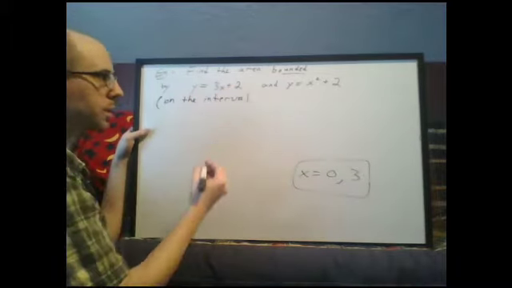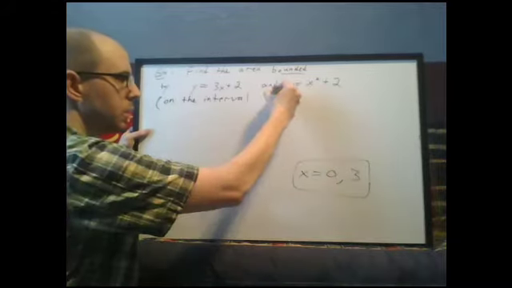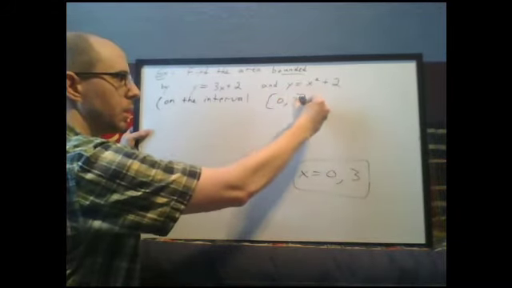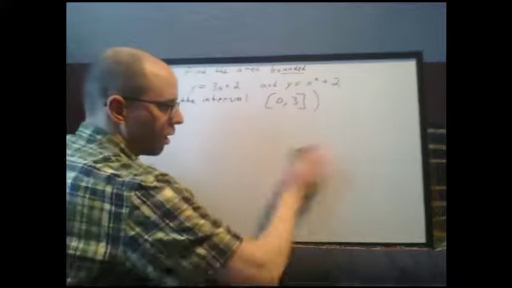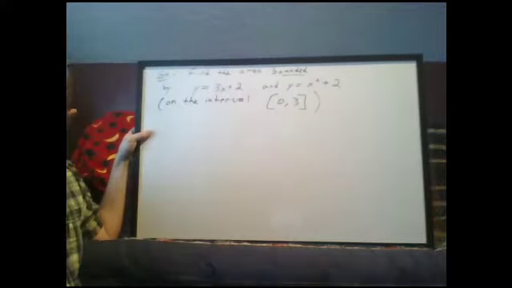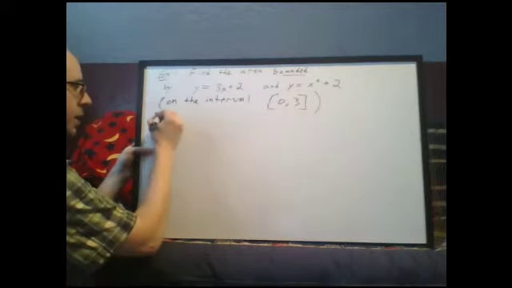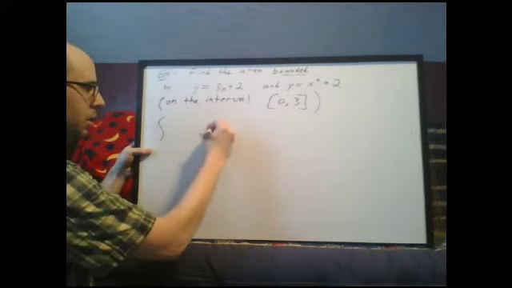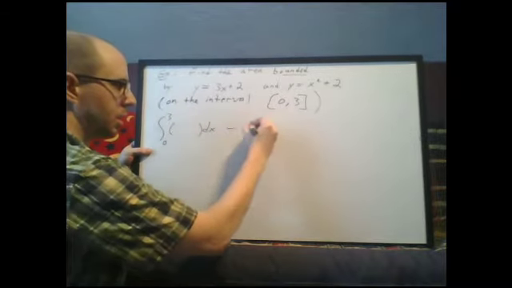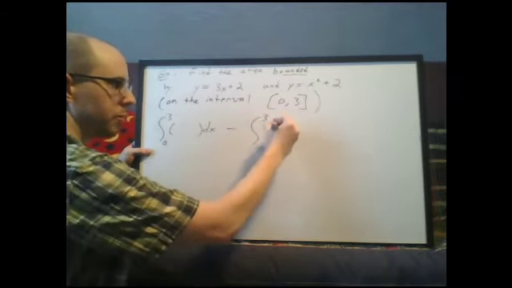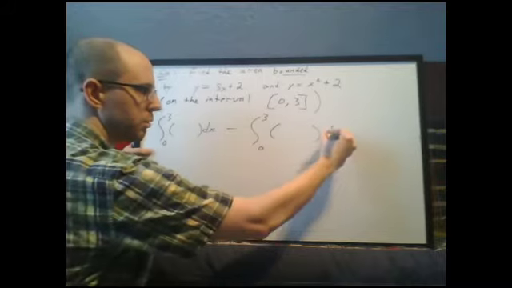The area between these two curves on the interval 0, 3. So now it'll be just like the previous example. I need to integrate one function from 0 to 3, and then subtract the integral of the other function from 0 to 3.